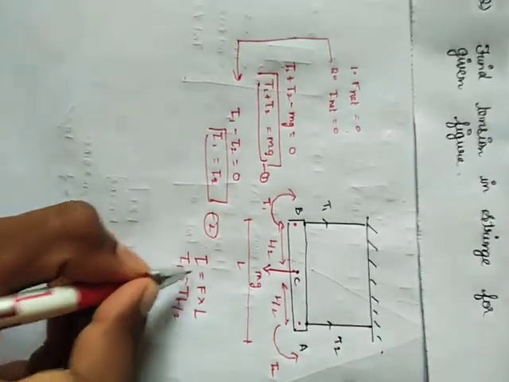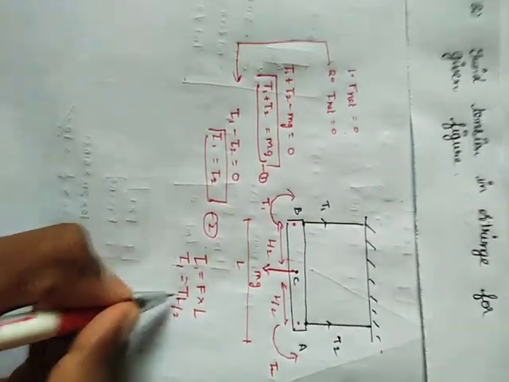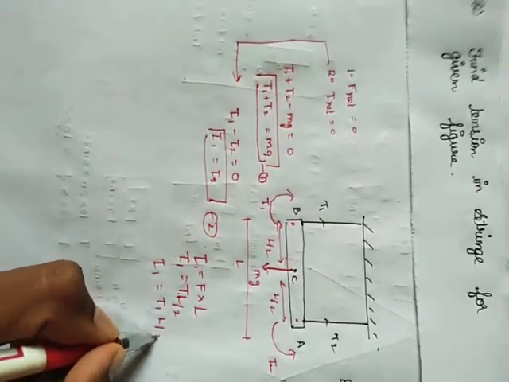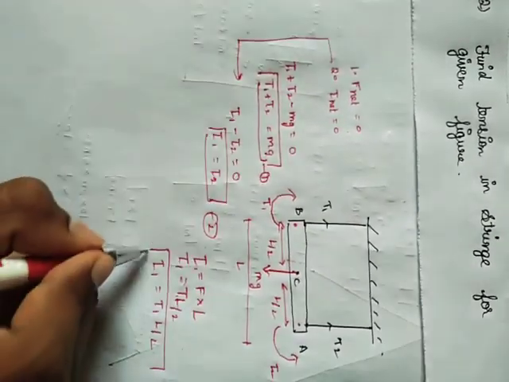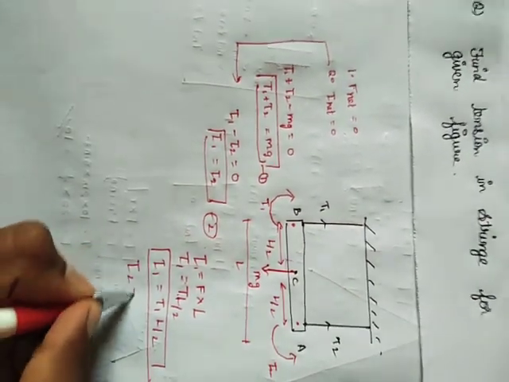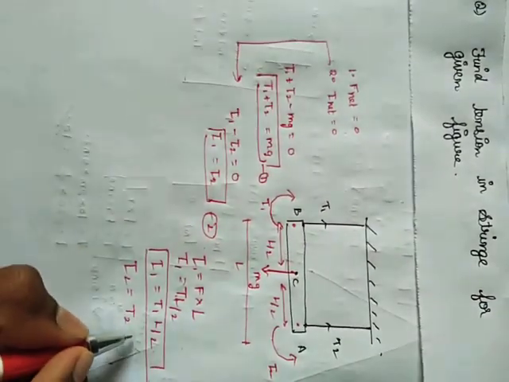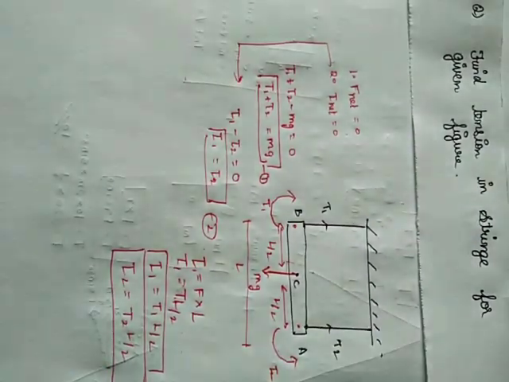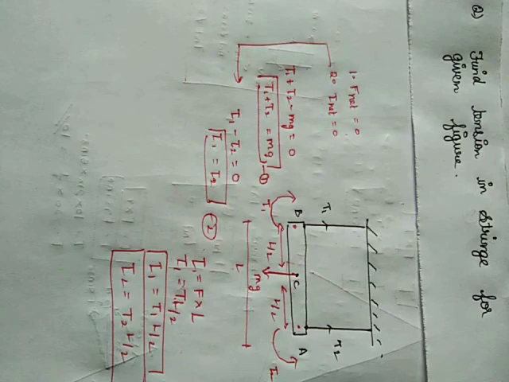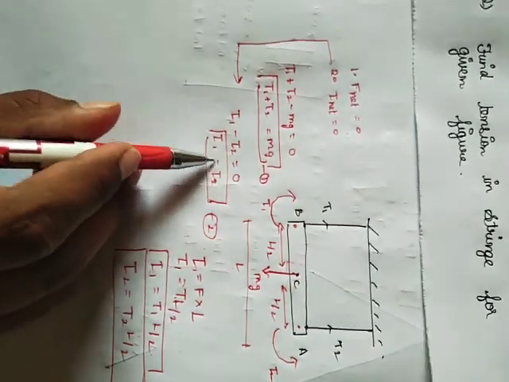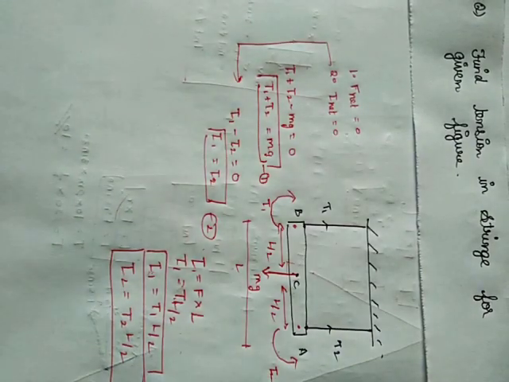So torque 1 is T1 into L by 2, and similarly torque 2 is T2 into L by 2. This is what I find. I am just going to apply this in this case. Let's see what happens.